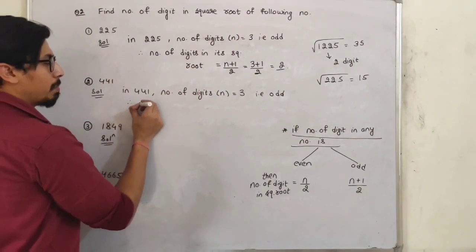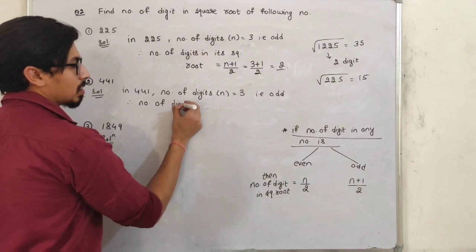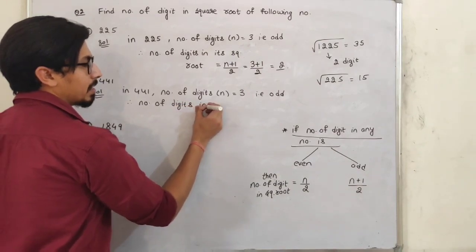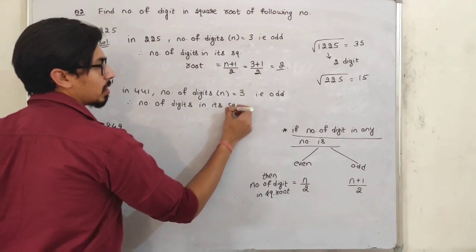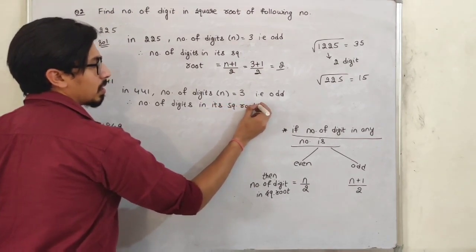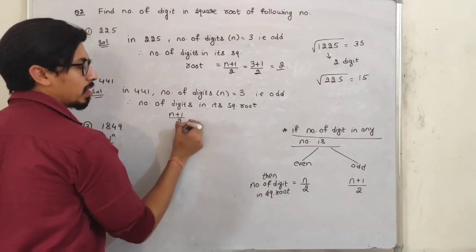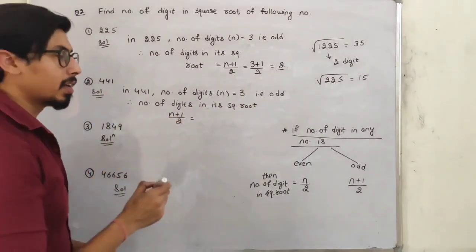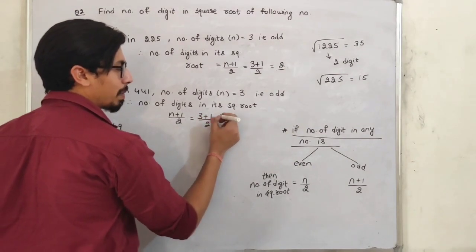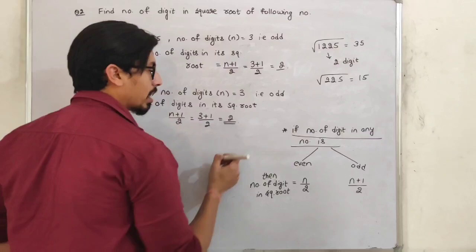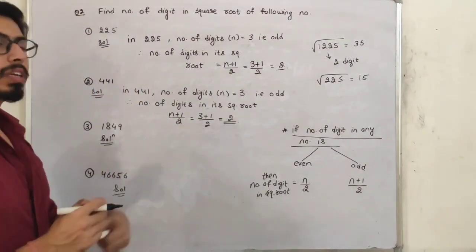Therefore the number of digits in its square root is given by the formula n plus 1 divided by 2, where the value of n is 3. So it will be 3 plus 1 divided by 2, it will be 4 by 2, that is 2. So the square root of 441 contains just 2 digits.